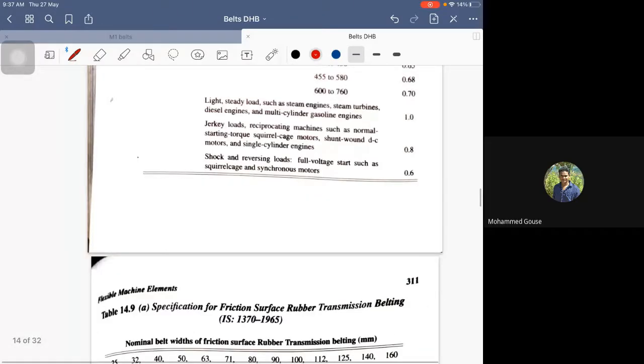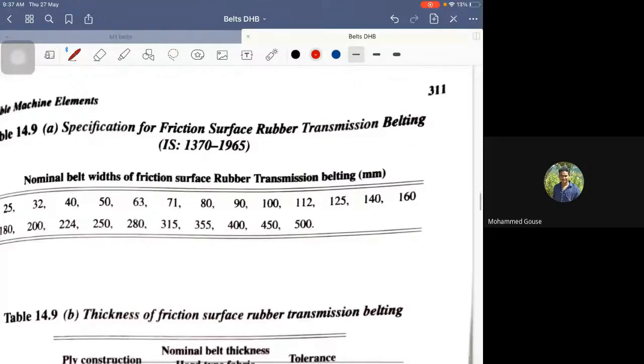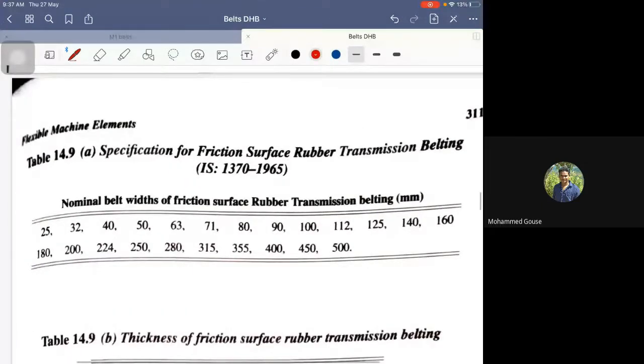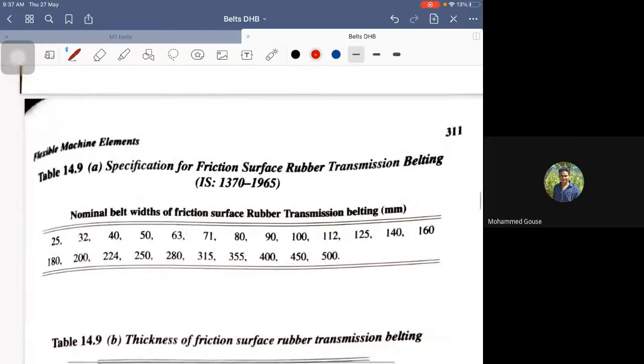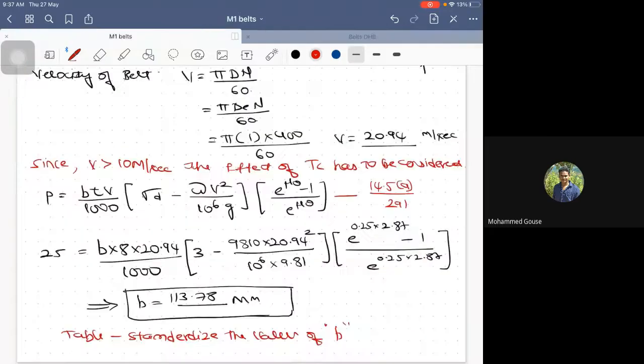Yes, here it is. The nominal width of friction surface rubber transmission belting according to ISO 1370 to 1965. So here are the standard values of the belt. You can find it on page number 311. So please standardize the value.